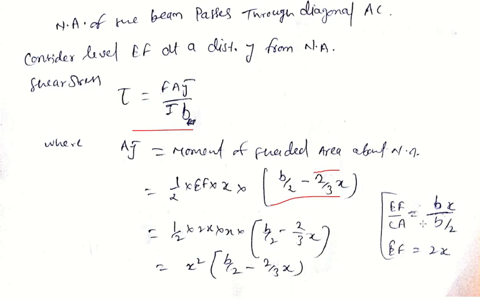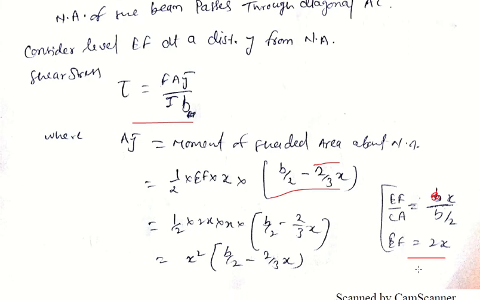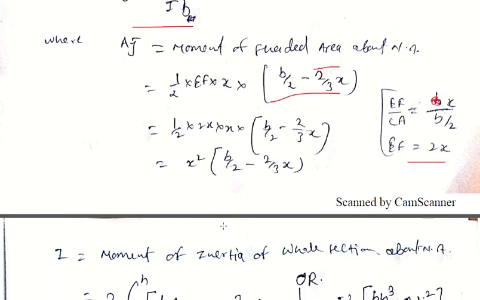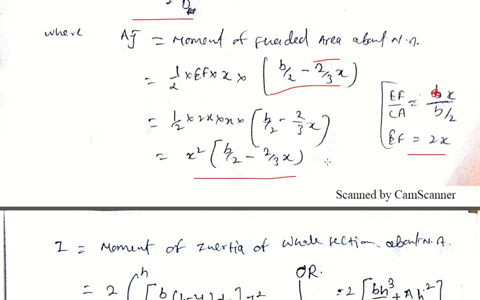EF by CA equals x by b by 2. So EF equals 2x, because CA is b. Now simplifying this gives x times the bracket b by 2 minus 2 by 3 x.